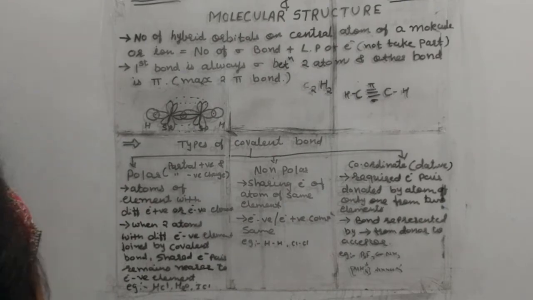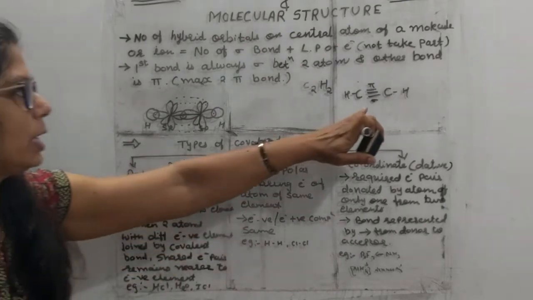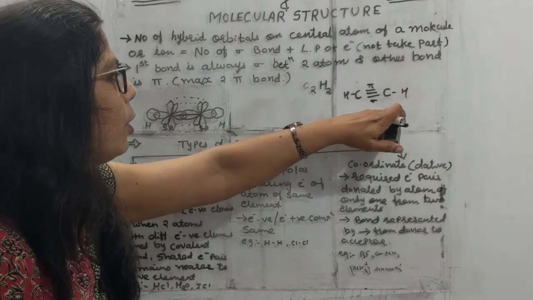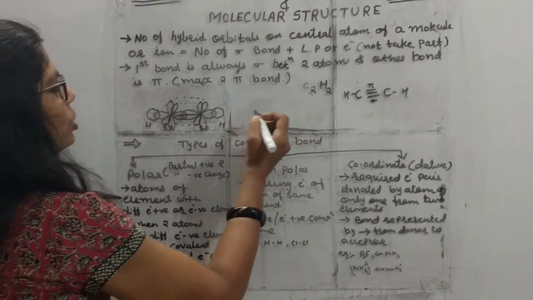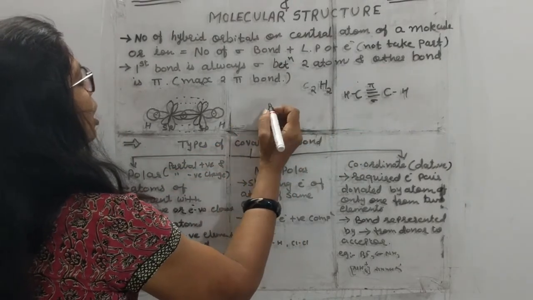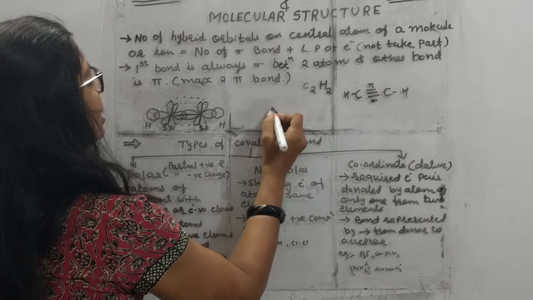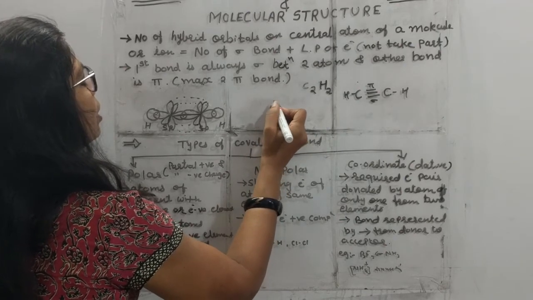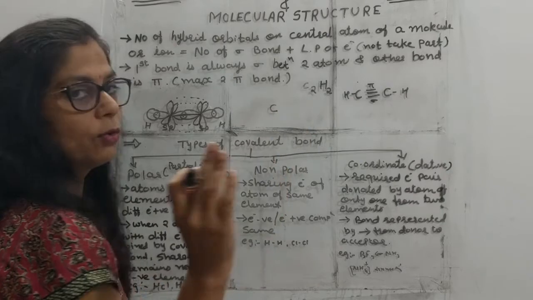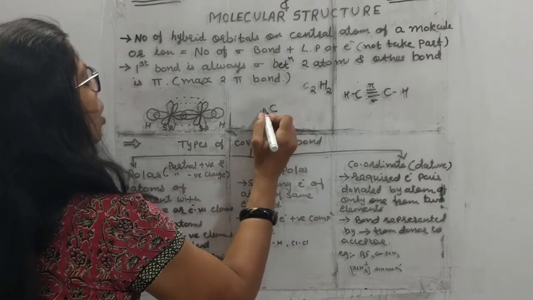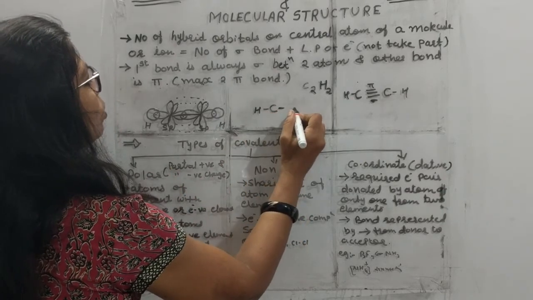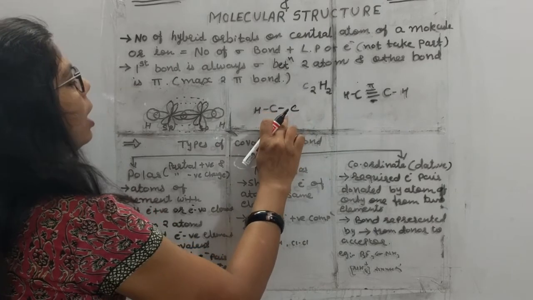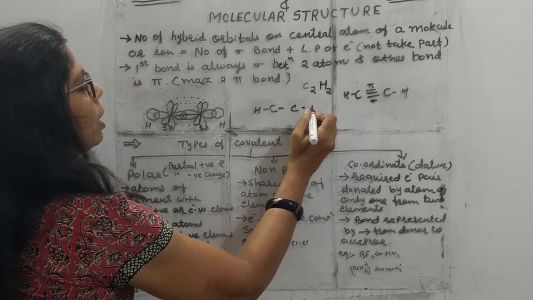Now if we draw the structure of this in place of this sigma bond and pi bond, as H2O or NH3, we can say that carbon has 4 valence electrons. One is bonded with the hydrogen, one is bonded with the other carbon.